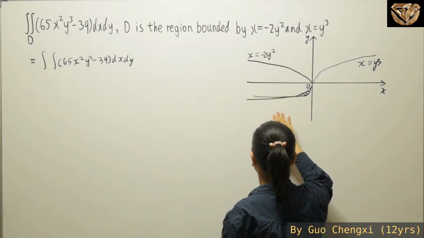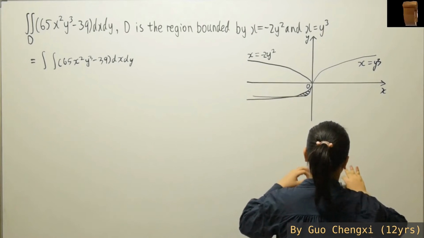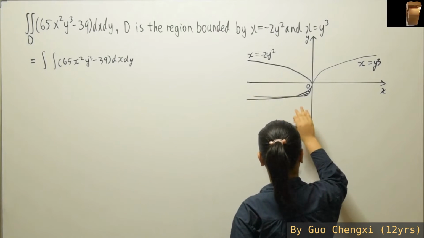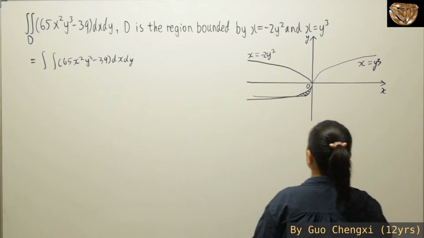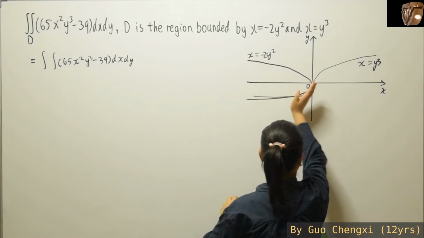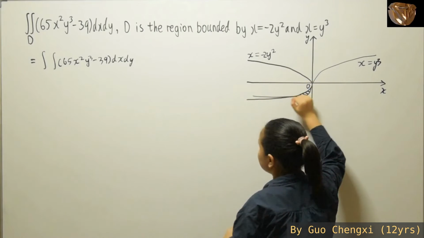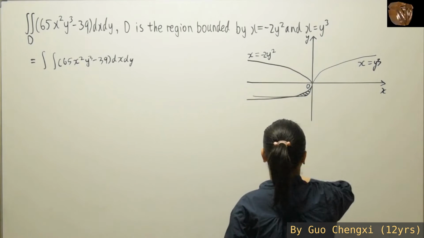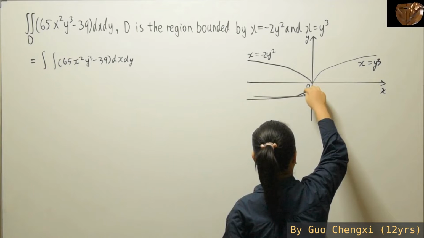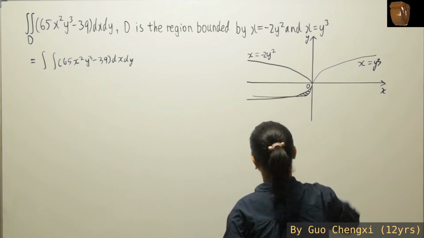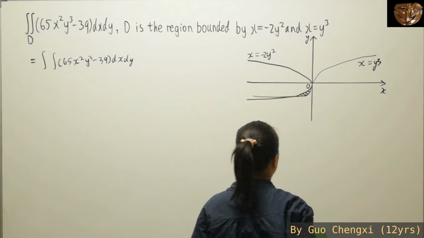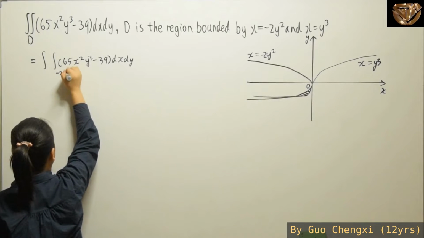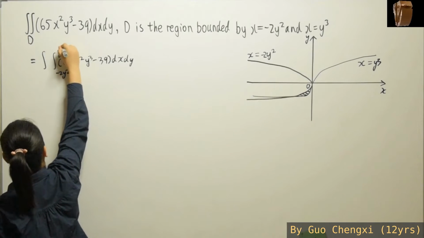When we integrate with respect to x, we move from this curve to this curve, so x goes from negative 2y squared to y cubed.